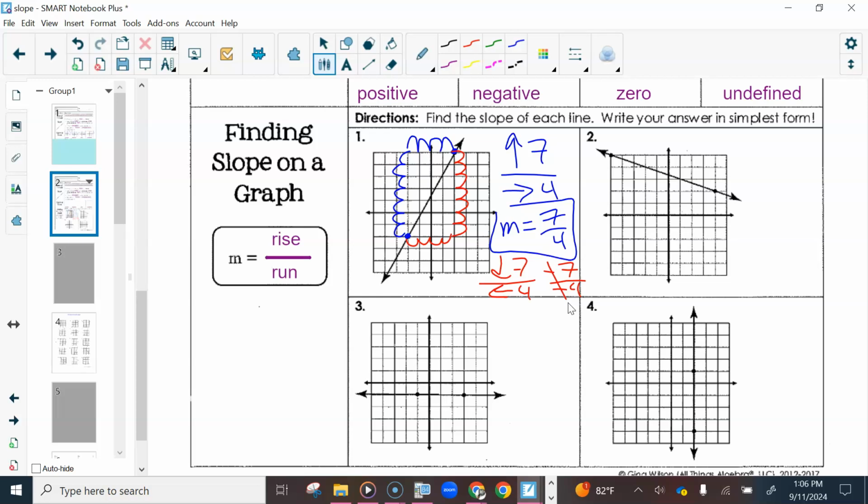Now on 2, what type of slope is that? Good. So, because it's going down to the right. I see visible points. We're going to count what that is. How far would I go down? 3. Good.